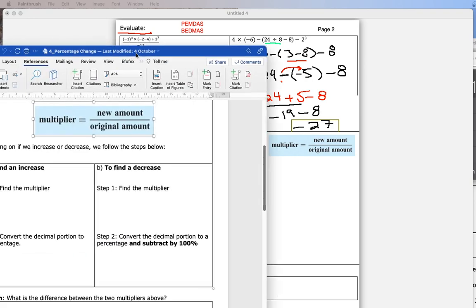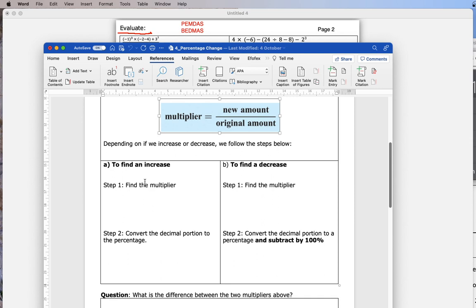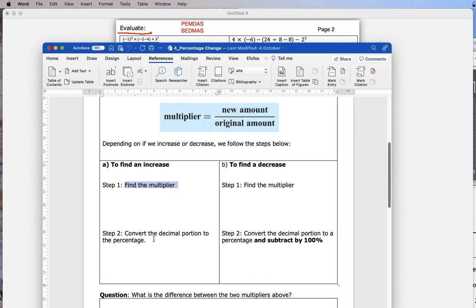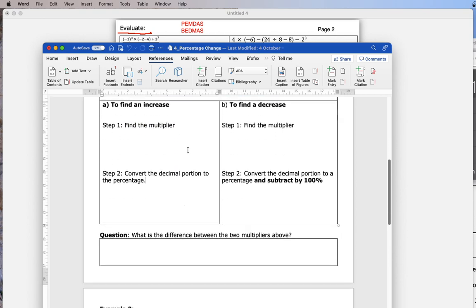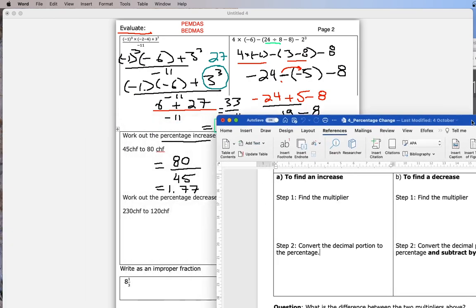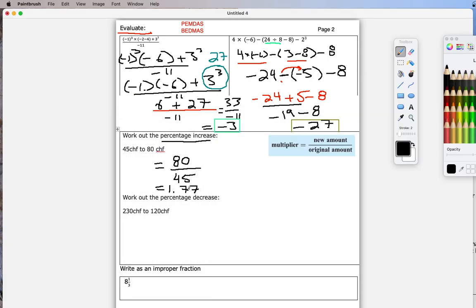and make sure it's correct. It says here that once we find the multiplier, which is in this case 1.77, convert the decimal portion to the percentage. So let's see. If we look at this example, we have 0.77. What's the decimal part? The decimal part is 0.77. So all we need to do is take 0.77 and change that to a percentage.